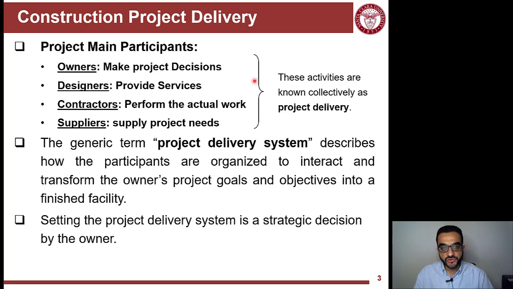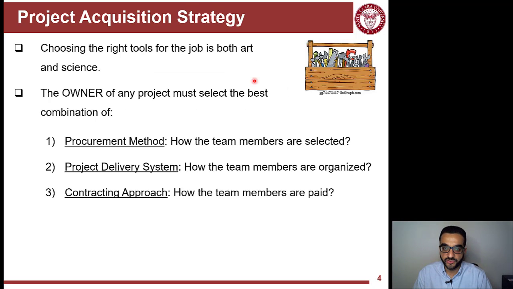Setting the project delivery system, how these people are structured and organized together, is a decision made by the owner of the project early in the project life. So even when the project is still on a piece of paper or a sketch, the owner needs to think: how can I deliver this project, how do I bring people together to deliver this project for me?